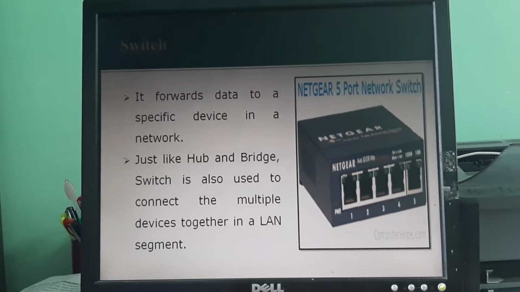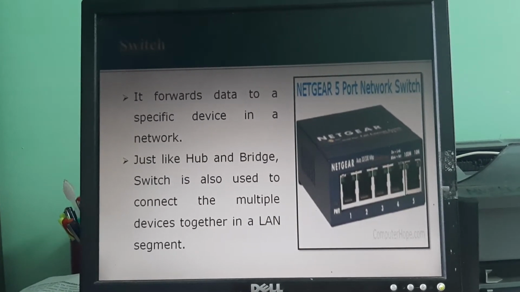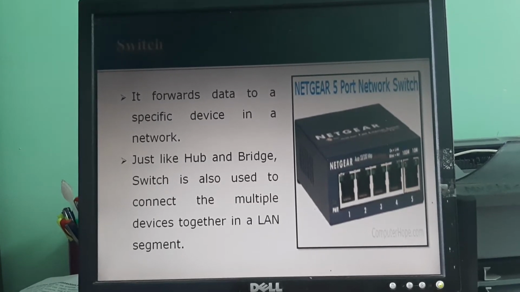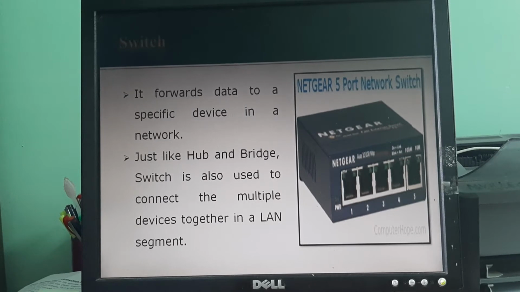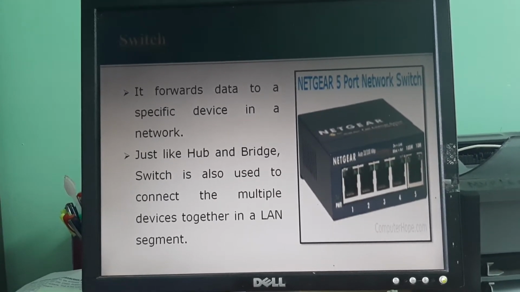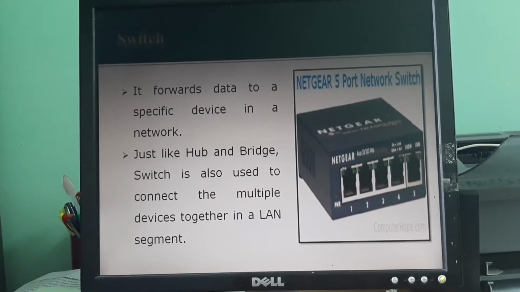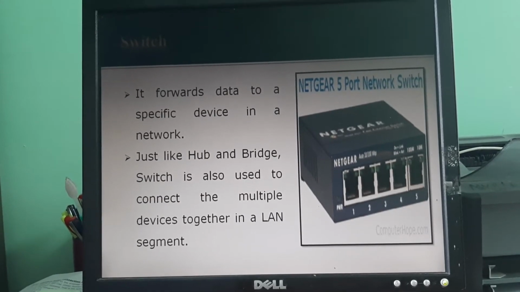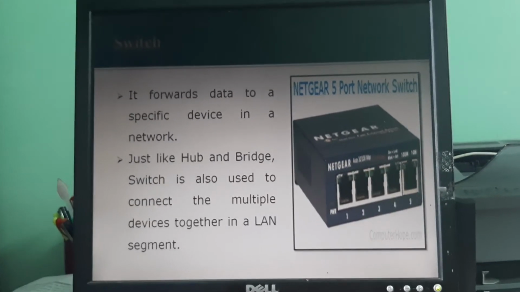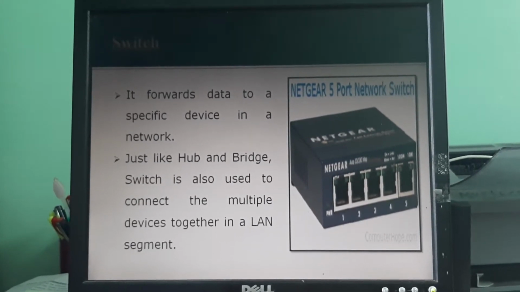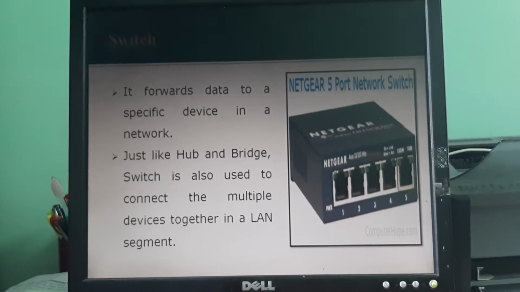It makes the switching decisions in the hardware by using application specific integrated circuits, ASICs. I am repeating, these switches, before transmitting the data, make decisions in the hardware by using ASICs. What do you mean by ASICs? The full form of ASICs is application specific integrated circuits.